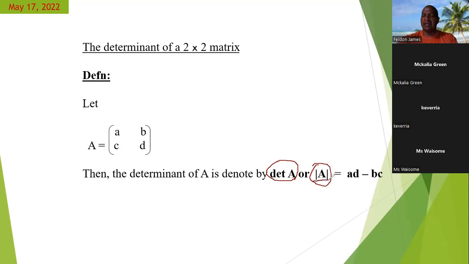So if you see this, it means the determinant, or you can see this, and it also means the determinant. And to calculate the determinant, we simply multiply the diagonal elements AD minus the other diagonal elements BC. So it would be AD minus BC.